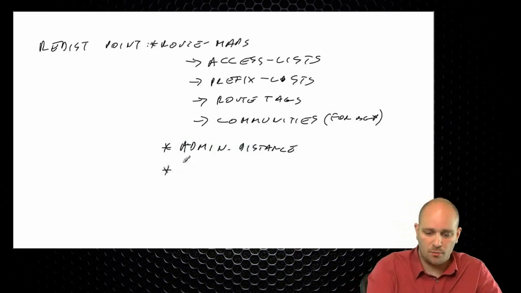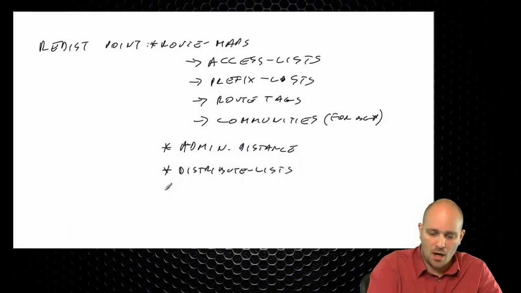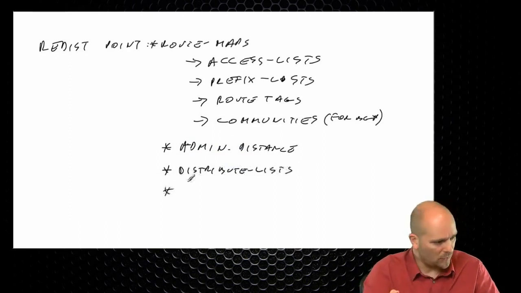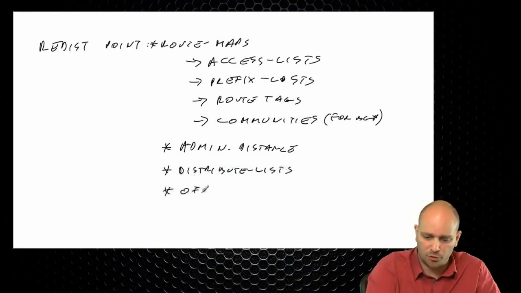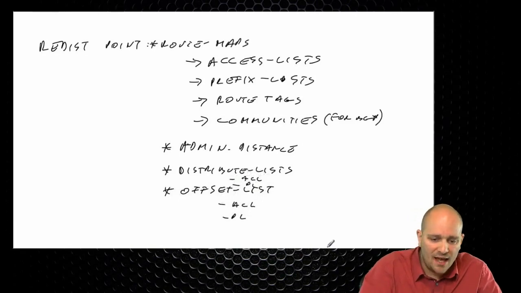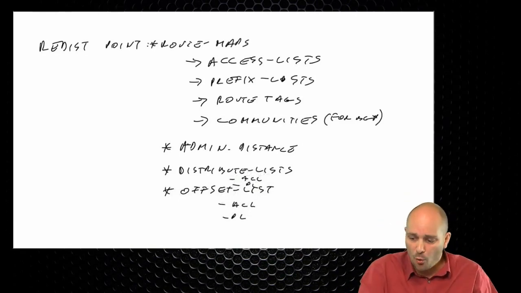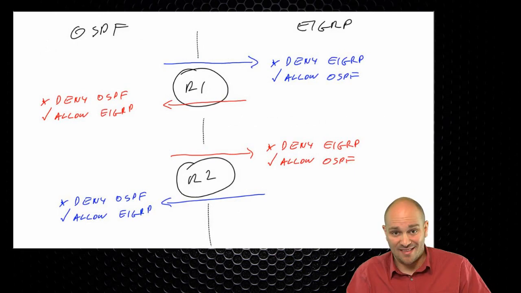I can use maybe even distribute lists. I can use offset lists for protocols that support it. So this would actually require me to use ACLs or prefix lists. So I can have many different methods how I can actually make this happen.